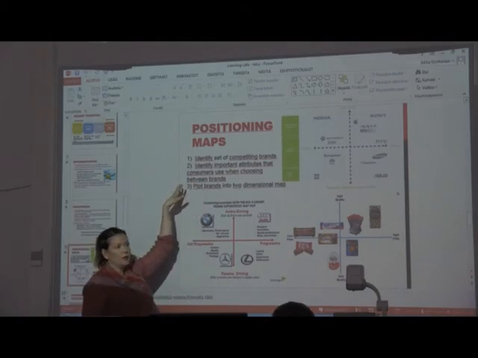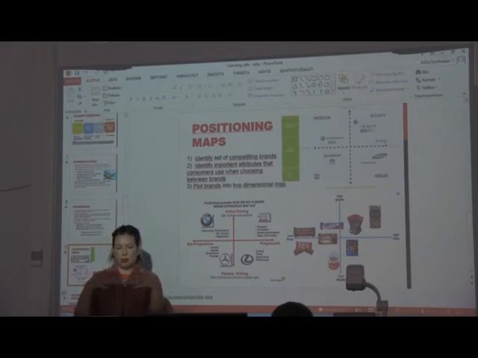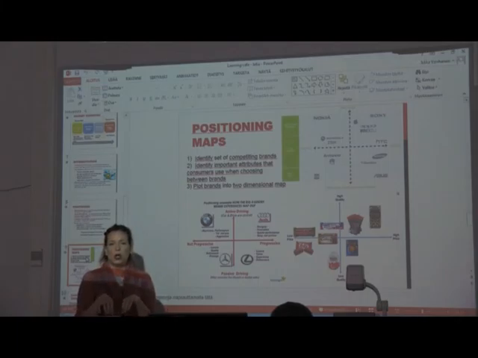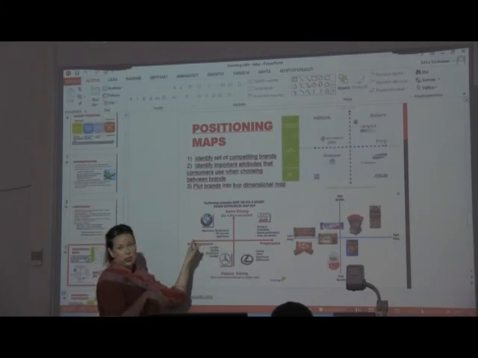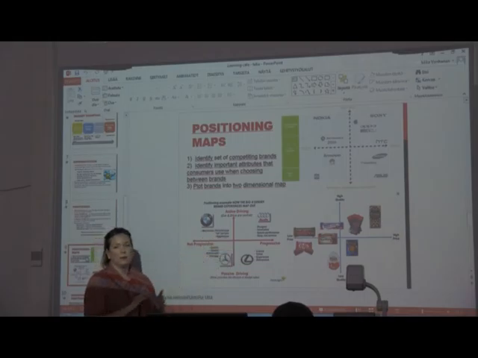Then think about the attributes, the essential product that the consumer wants to have. What is he or she buying? What is the benefit of that one? And then just plot it with the other competitors. Chart like this. I'm sure you can make it. Any questions?